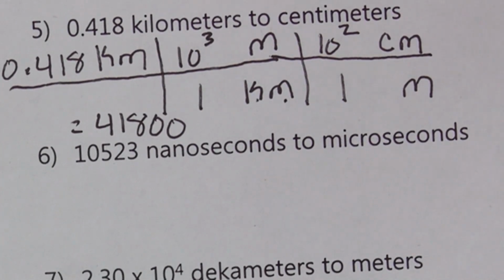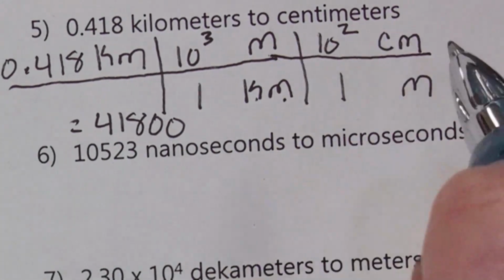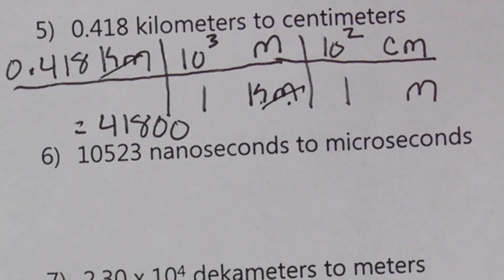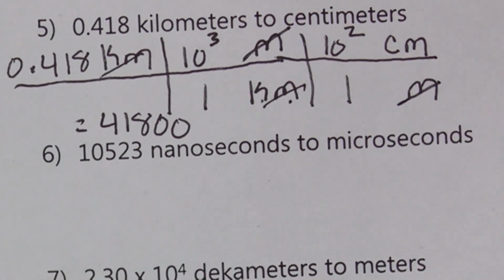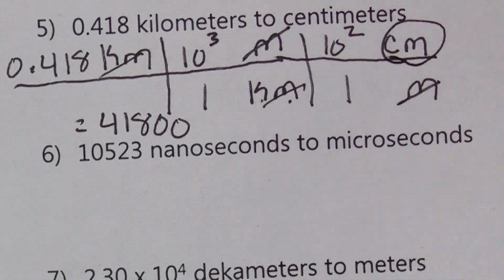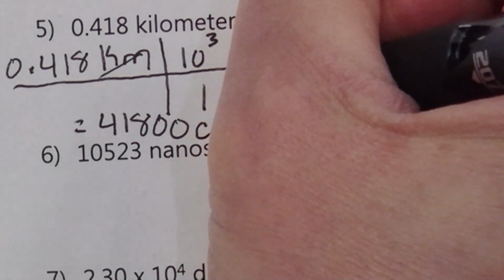Now I also have to put in my unit. Kilometer is on top and bottom. Meter is on top and bottom. So those cancel. I am left with the centimeter.